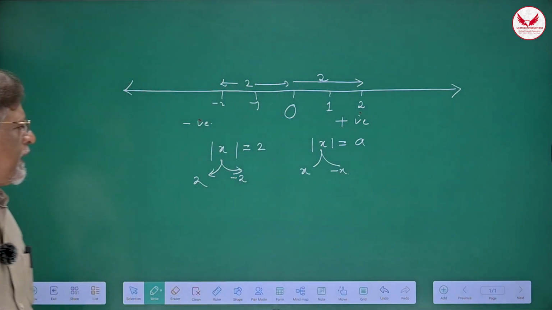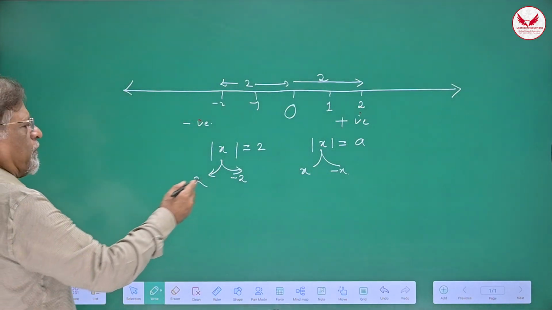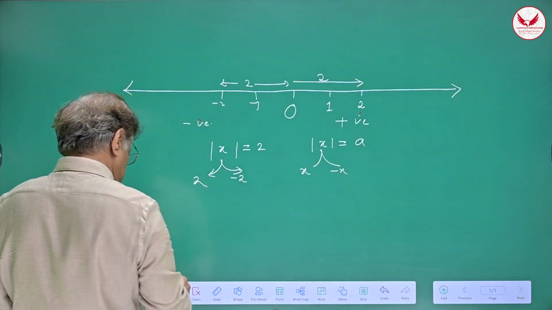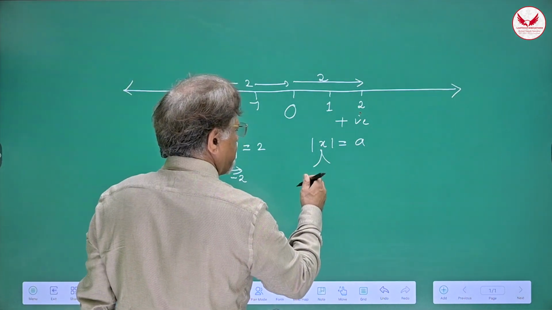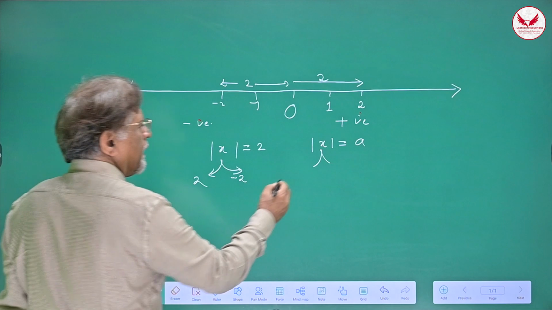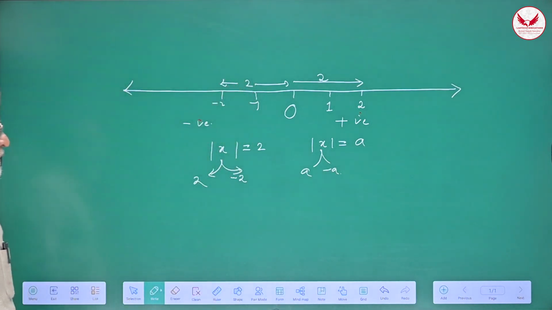Sorry, not x and minus x. It will be a and minus a. These are the two values that we can take.